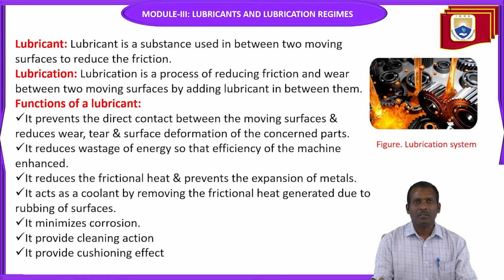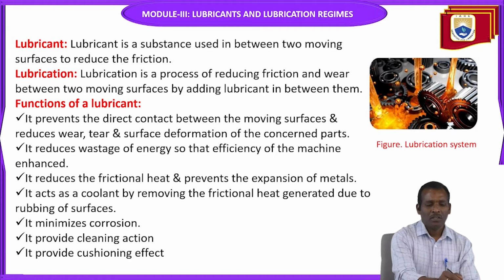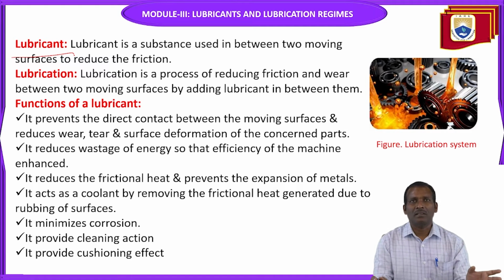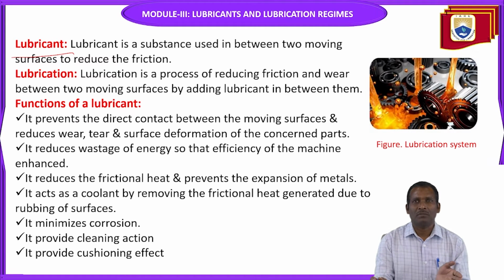For the introduction, first of all, we should know about a lubricant. What do you mean by lubricant? A lubricant is a substance used in between two moving surfaces to reduce the friction. Why is it used?